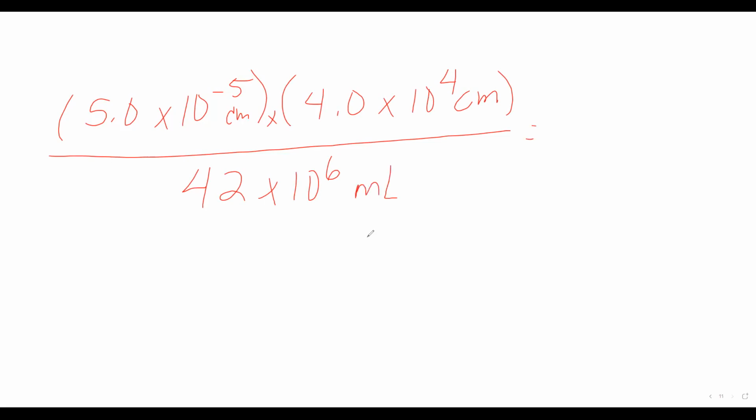So when you do that, you've got to multiply the top, right? That's going to give you 20 times 10 to the negative 1, and this is going to be centimeter squared. That's the top.